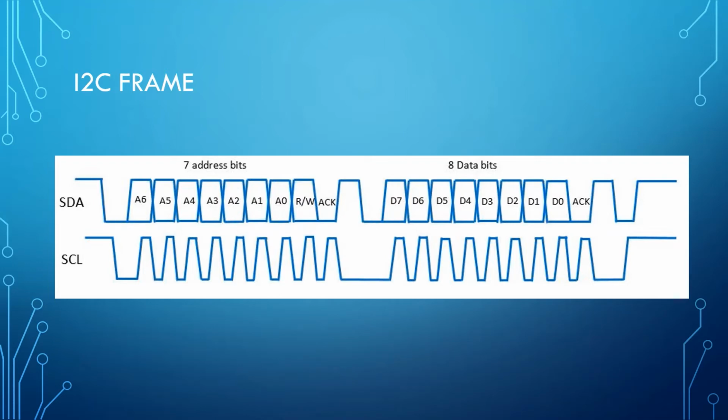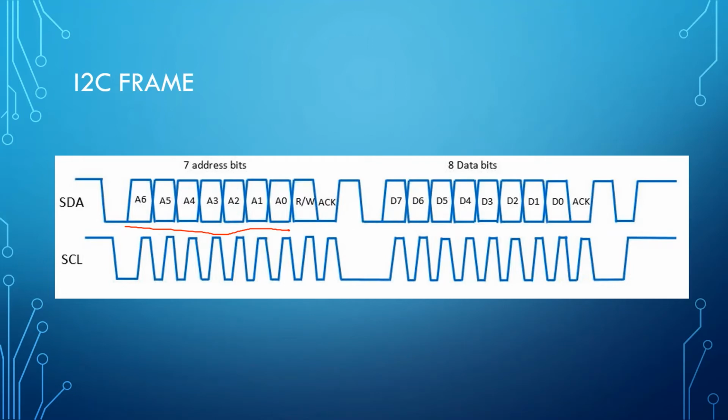Here in the image we can see the address of the slave is from A0 to A6. Here it uses 7 bits to store the address of the slave through which we can send or receive data.